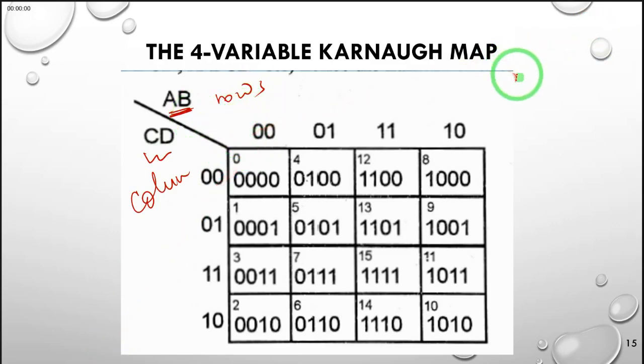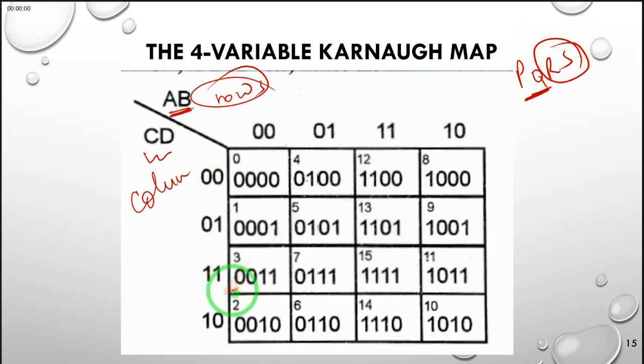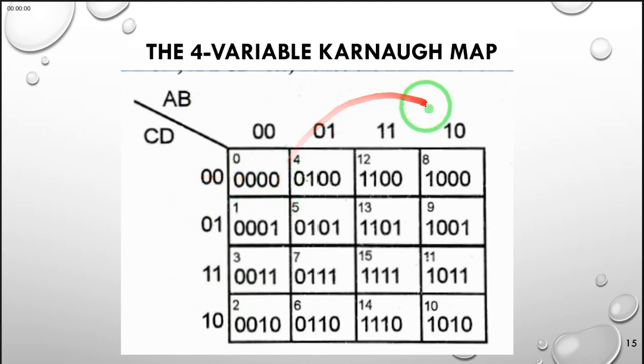If you are given variables P, Q, R, S, the 2 most significant variables become rows, and the 2 least significant variables become the columns. Once we have done that, we use the gray code to represent the variations of the 2 variables A and B. So we start with 00, 01, 11, 10.